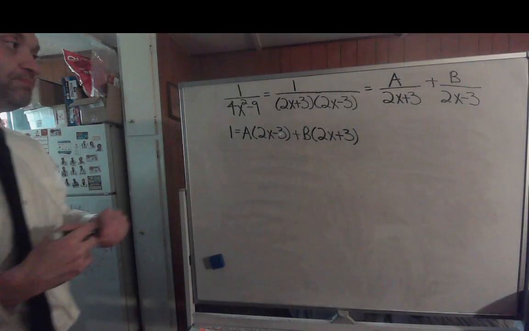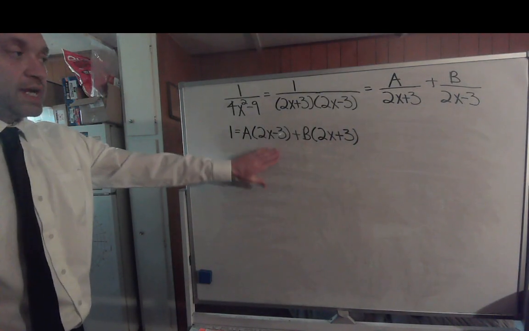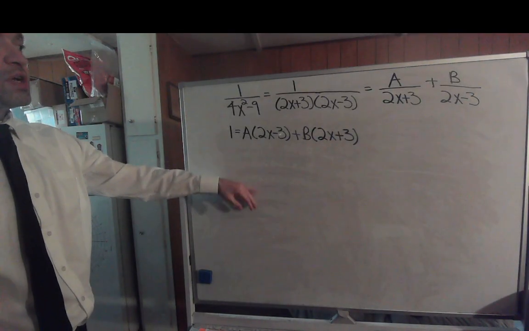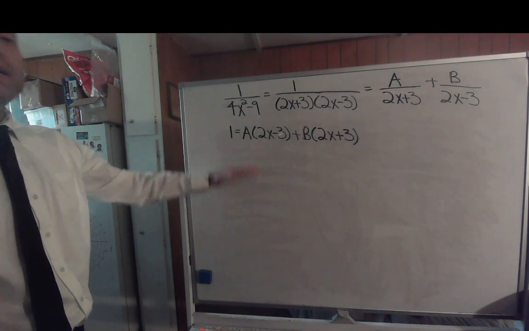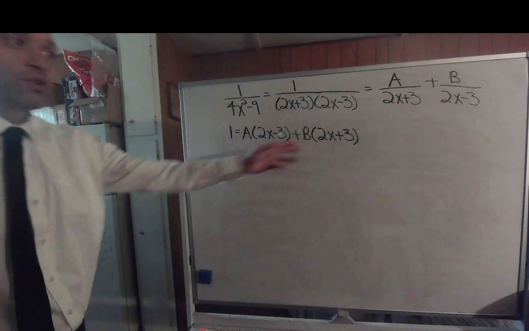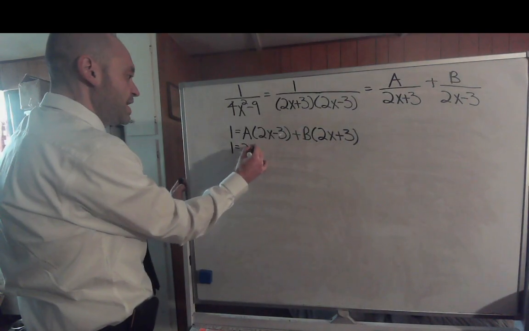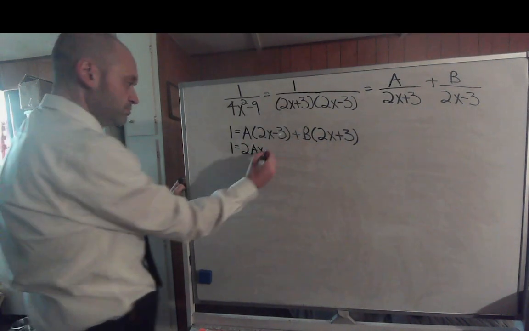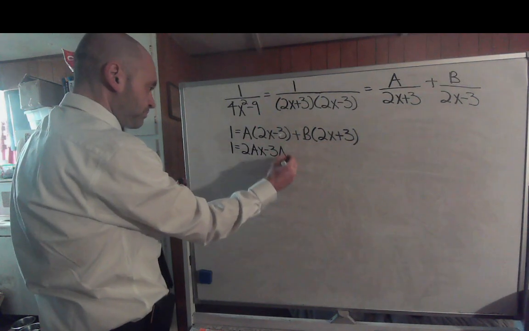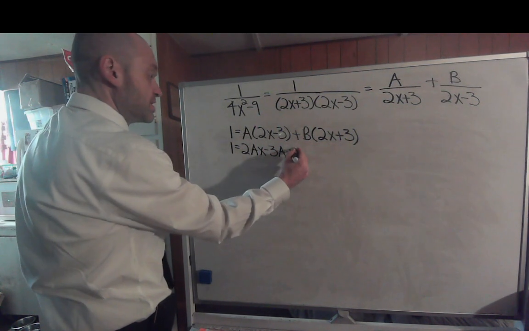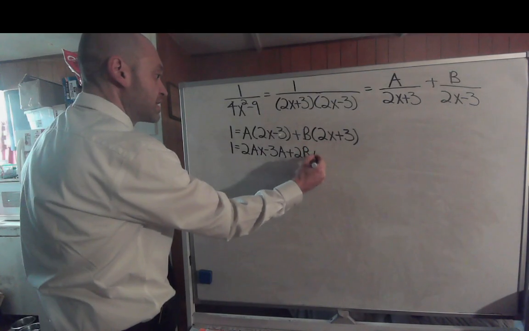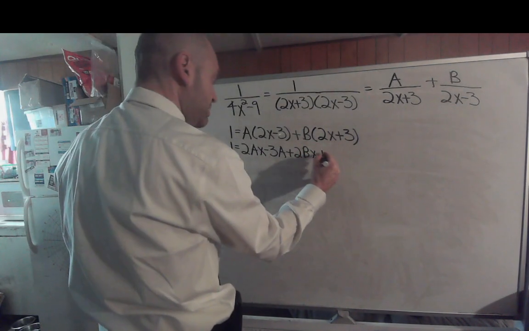Next, distribute your a's and b's. So 1 would equal 2a times x minus 3a plus 2b times x plus 3b.